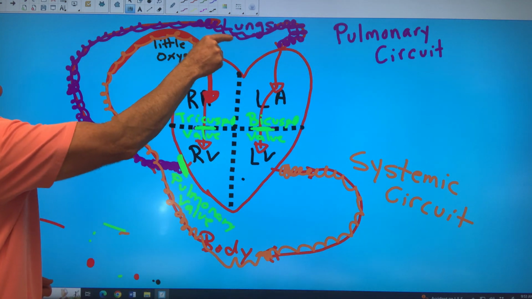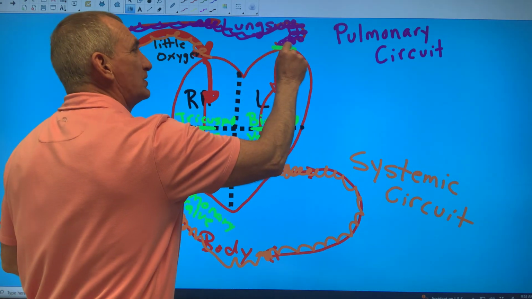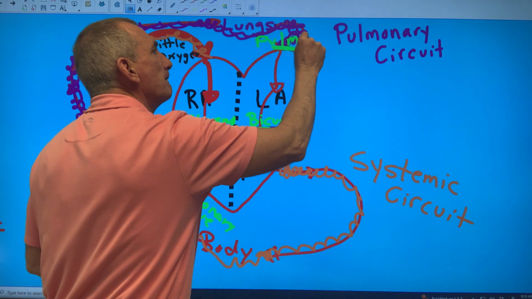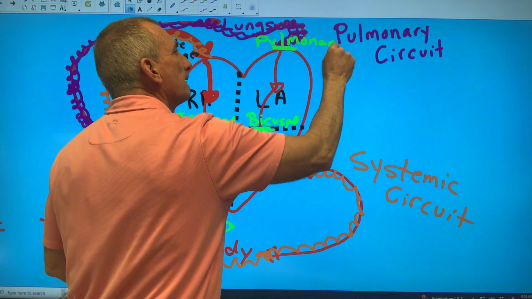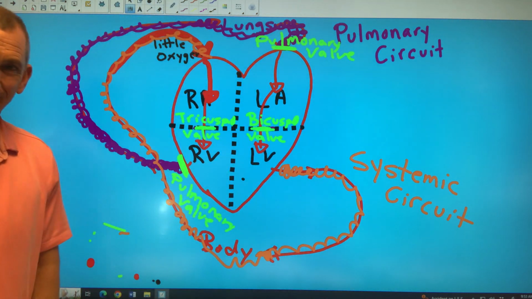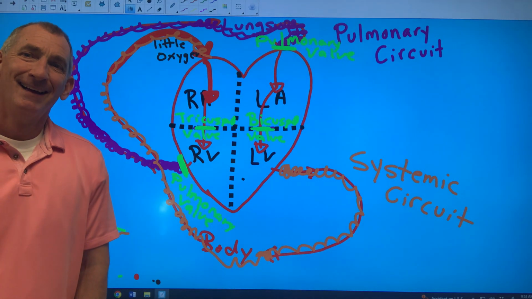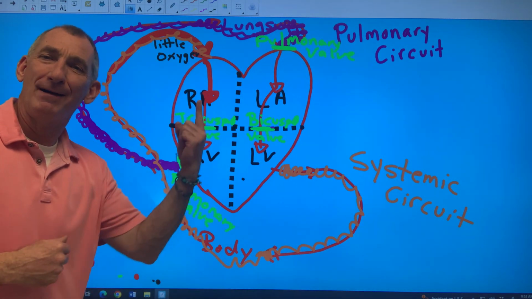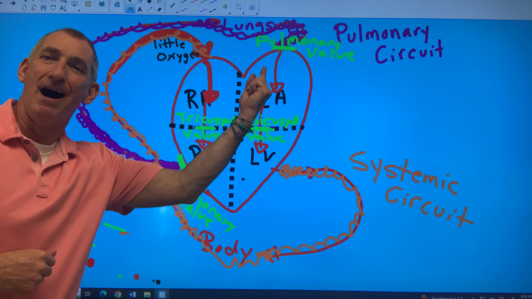And that door up there, outside the left atrium, this door is going to be a pulmonary valve. They made it easy. Any valve with the pulmonary circuit is a pulmonary valve.